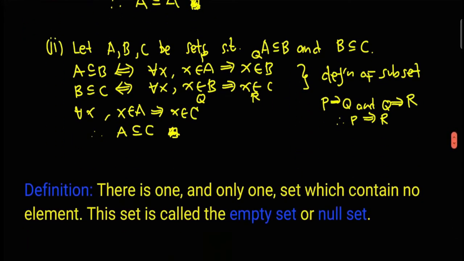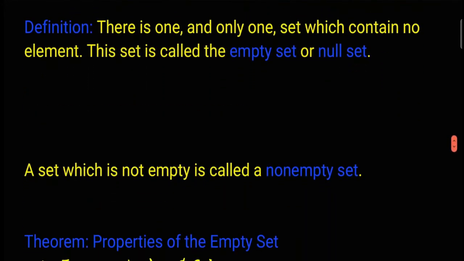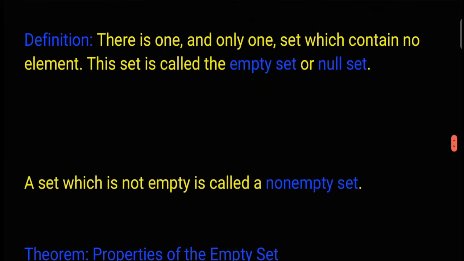Now let's define what we mean by an empty set. There is one and only one set which contains no element. We call this the empty set or the null set. We usually denote the empty set by a circle to denote the set and then a slash to denote that this set contains no element.